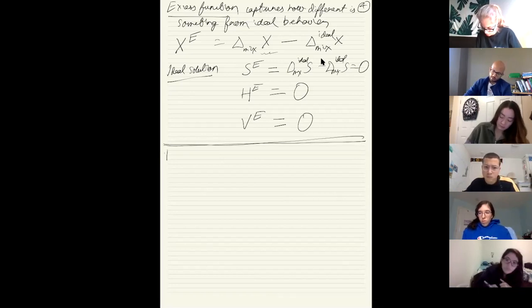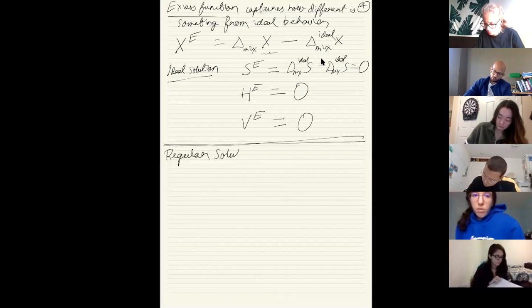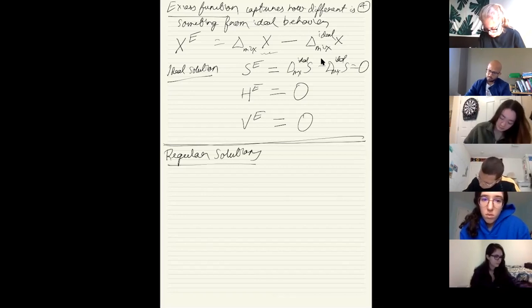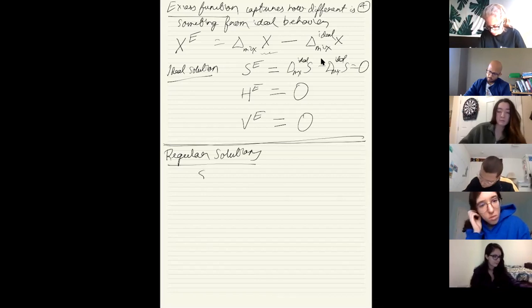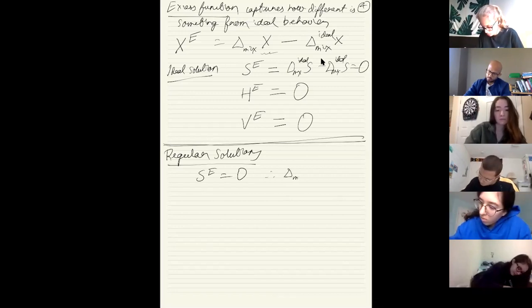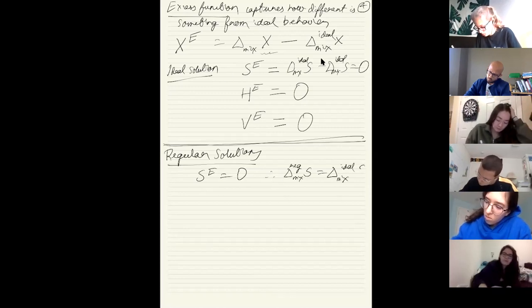So now we are ready to start talking about regular solutions. Regular solutions, just to use this terminology over here, we will say that excess entropy is equal to 0. What does this mean? Therefore, we are going to deal with the entropy of mixing in a regular solution. We will set it to be the same as the entropy of mixing in an ideal solution. We won't care.